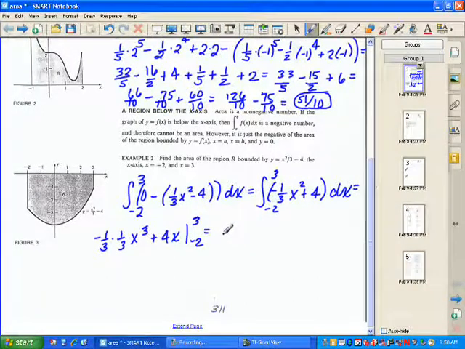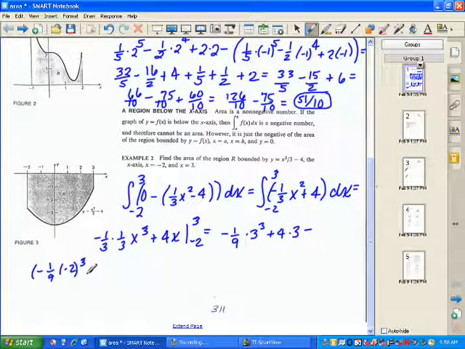Okay, let's just go ahead and plug in. Negative 1/9 will be out front, times 3 cubed, plus 4 times 3. And I'll do parentheses here for the negative 2's, negative 1/9 again. Negative 2 cubed plus 4 times negative 2. Another kind of ugly. The very first one, though, is going to be nice.